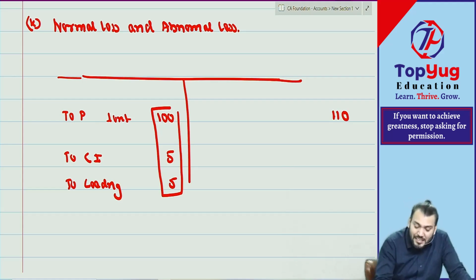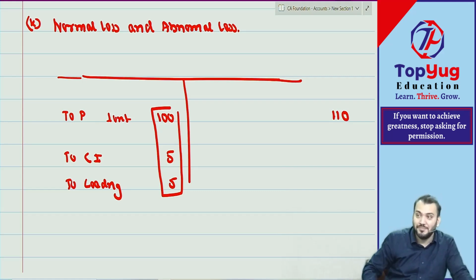So these expenses which are debited to the trading account are recoverable from the customer, correct? And any expenses which are debited to the P&L account are not recoverable from the customer.